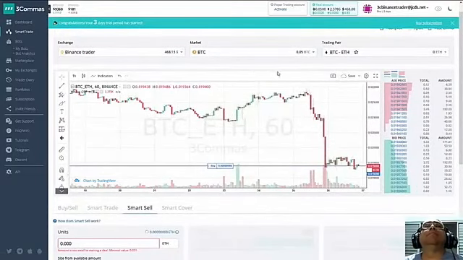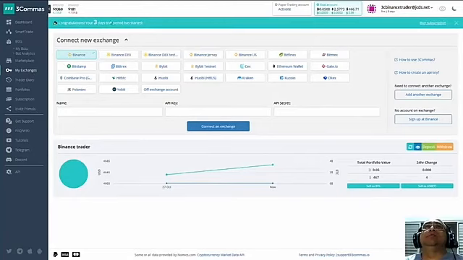It's really amazing. Here you have the My Exchanges interface where you can manage your exchange accounts. In this case, I am using only my Binance Trader, so I don't use this interface for that. But here I have my Binance Trader, my funds movements, my portfolio value, and how much it changed in the last 24 hours.